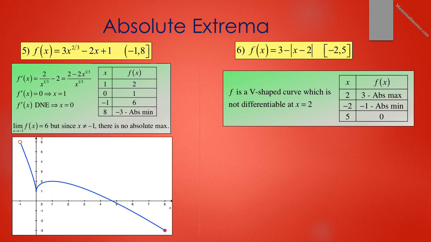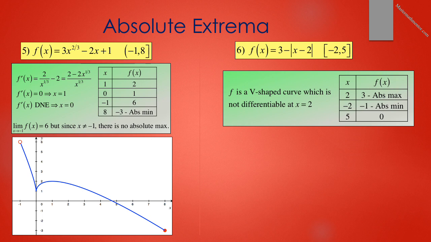Number 6 reads f of x equals 3 minus the absolute value of x minus 2 on the interval -2 to 5. From our previous knowledge, we know that f is a v-shaped curve which is not differentiable at x is equal to 2. So that has to be the only critical value. So there are 3 candidates: 2, -2, and 5.